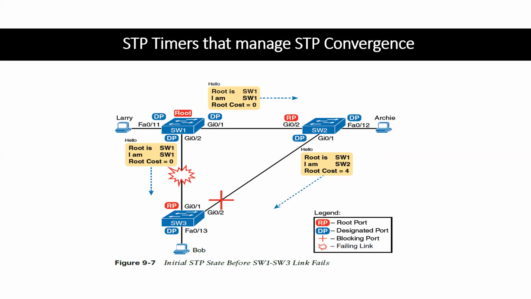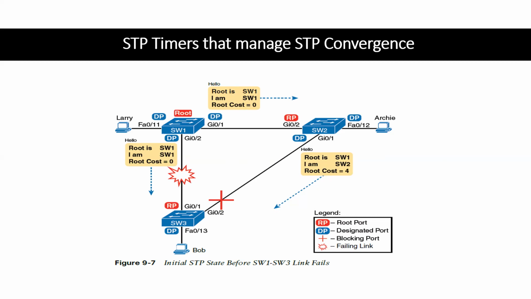If we go back to what we learned about timers, Switch three is not going to instantly know, hey, I had a failure. What do we need to wait for? We need to wait for the timers, specifically the max age timer. As a refresher, the max age timer is the time limit for waiting for hellos, which is three times the hello timer in spanning tree.